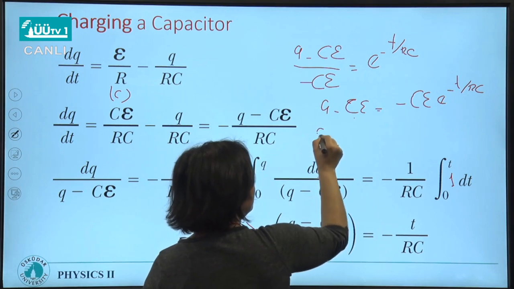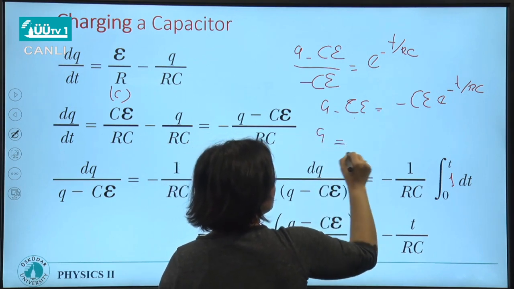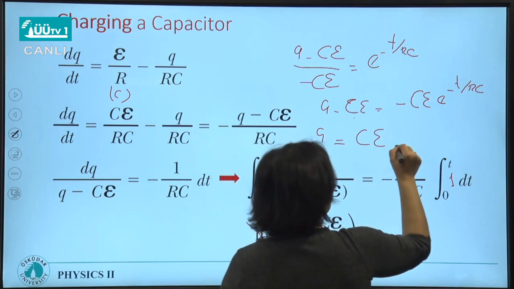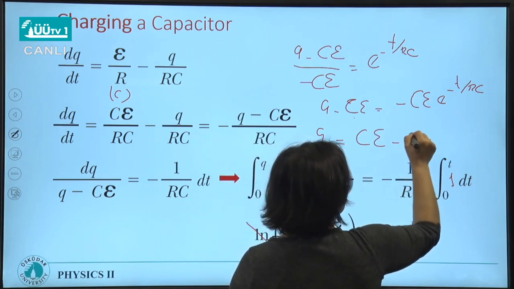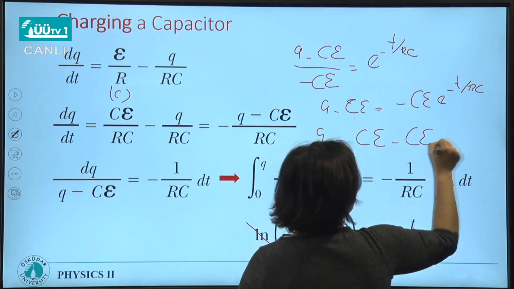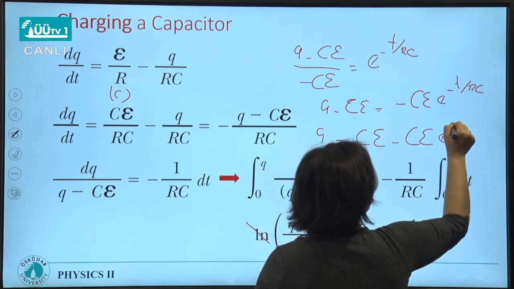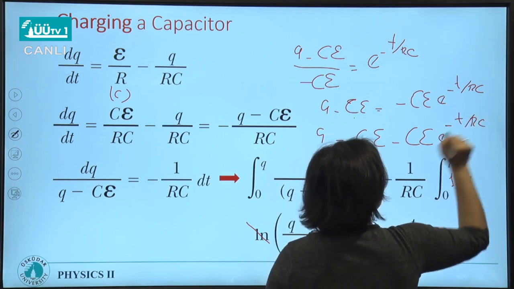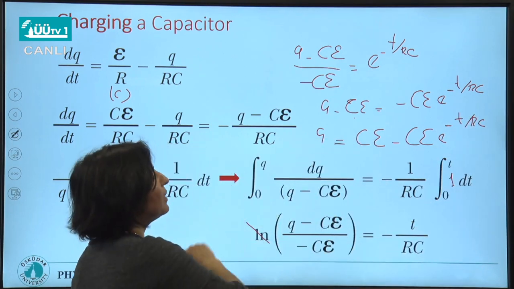You will obtain q equals c epsilon minus c epsilon e to the power minus t over RC. We have one more last step.